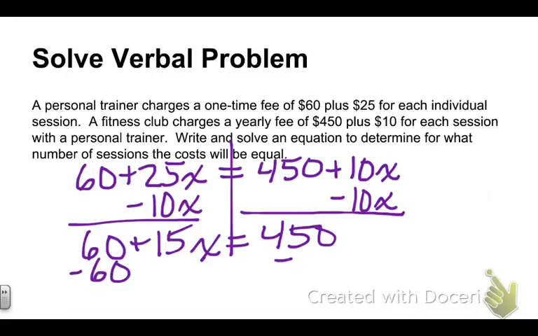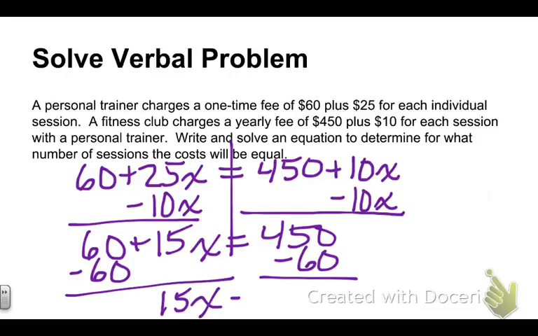Subtract 60 on both sides. That's going to leave you with 15x is equal to 390. And I've kind of run out of room, so I'm just going to squeeze this in up here. You might have enough room on your paper. I'm sorry about that. 15 times x equals 390.